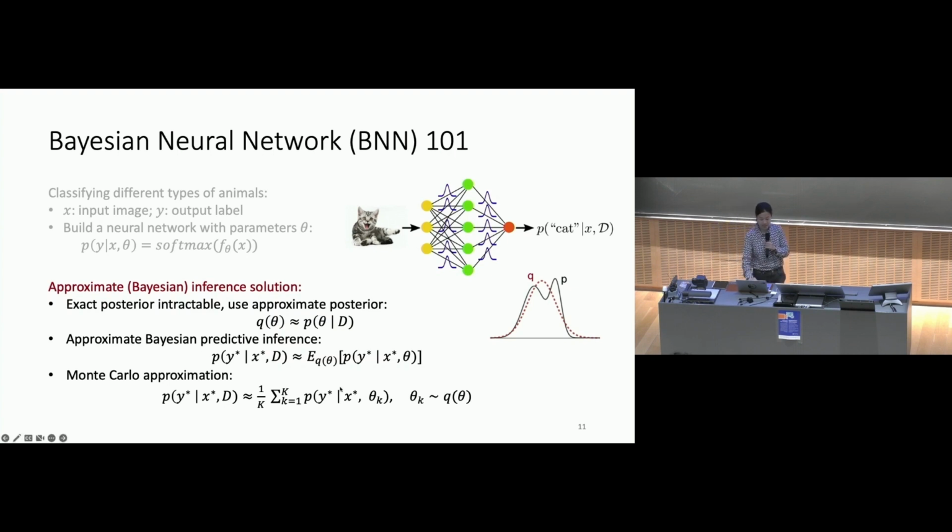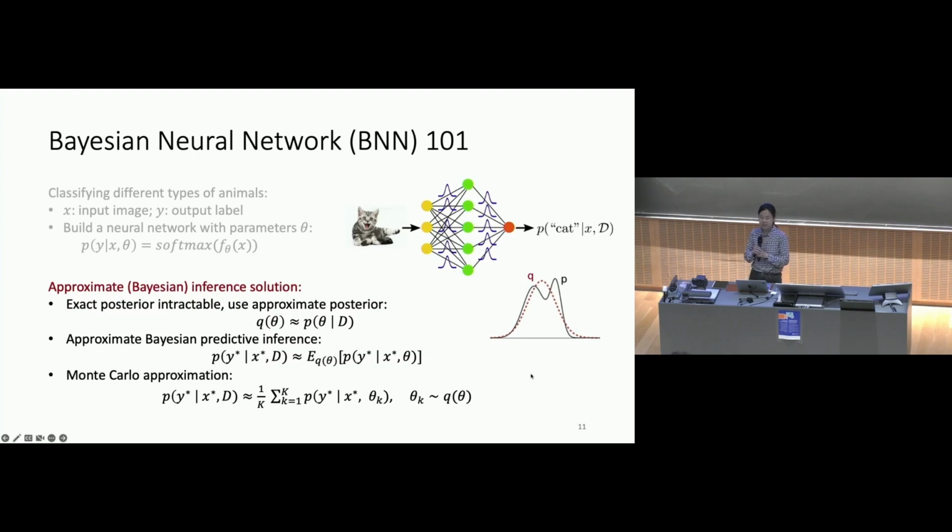So you can see here that we have the posterior being replaced by the approximate posterior Q. But this P distribution here involves passing the data through a neural network. So even when Q is a Gaussian distribution, let's say, this integral can also be intractable. So what we actually do in practice is one more approximation, which is to approximate this expectation term with simple Monte Carlo.